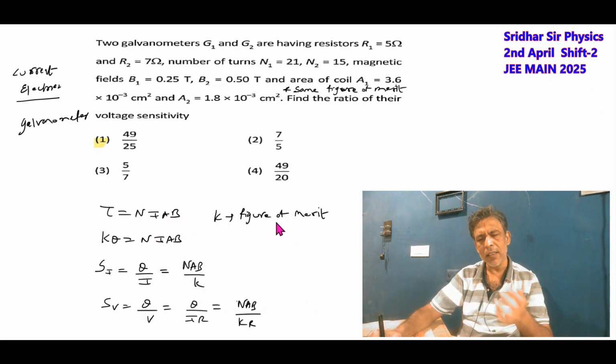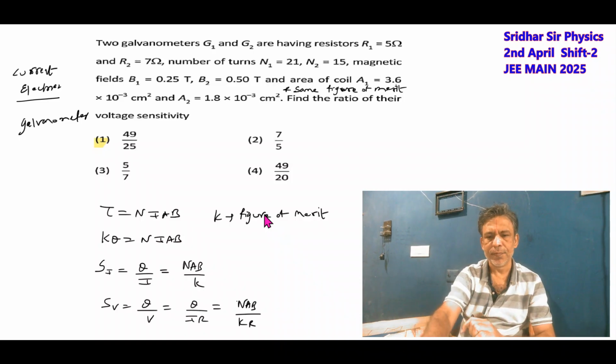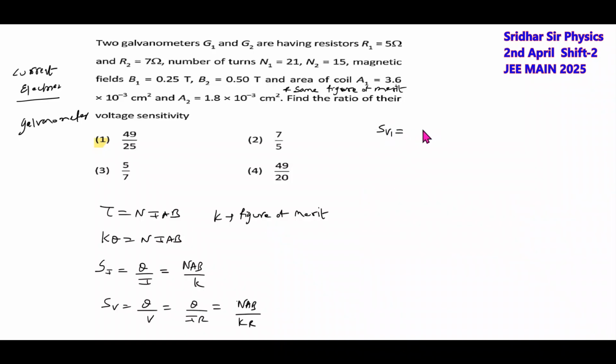The question asks for the ratio of the voltage sensitivities, SV1 by SV2. It will be equal to N1 A1 B1 by K R1, divided by N2 A2 B2 by K R2.